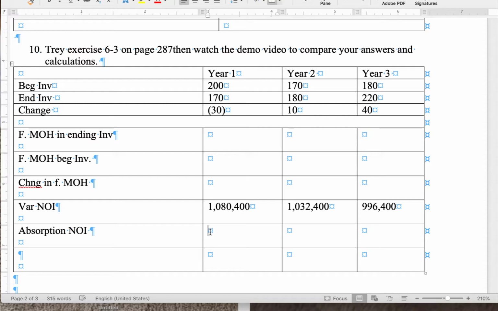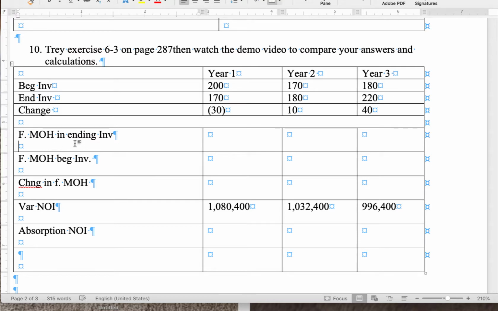So if you haven't had an opportunity, go ahead and plug in these numbers, or you can do it yourself from the book and the problem. Beginning units, ending units, figure out what the change is. They tell us in the problem that the fixed MOH per unit was constant at $560.